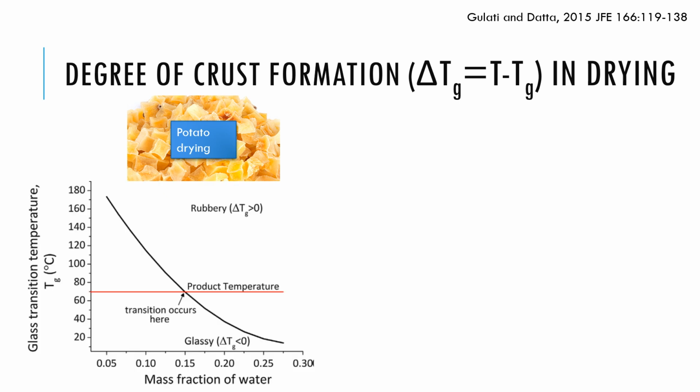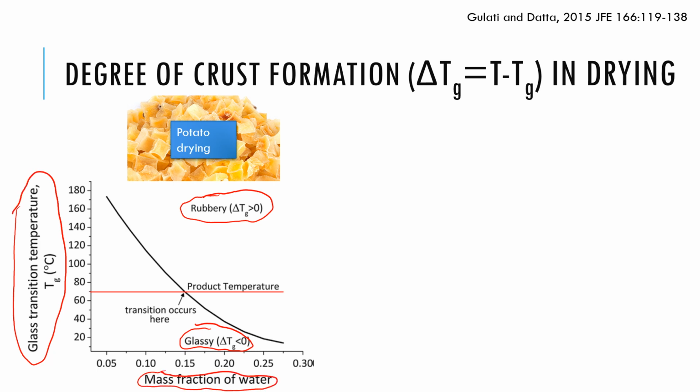Now, during drying, the potato material goes from a soft, rubbery state to a glassy state. This depends on moisture and temperature. So this glass transition temperature, given here as a function of moisture, is a measure of the temperature at which this transition occurs from rubbery to glassy.